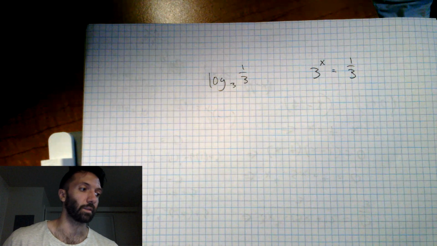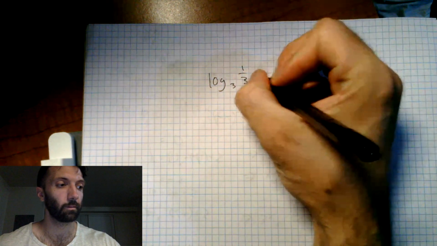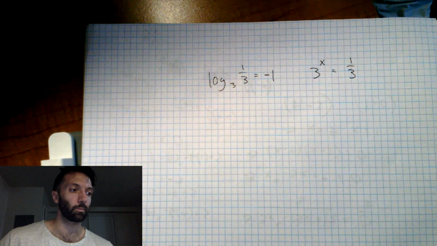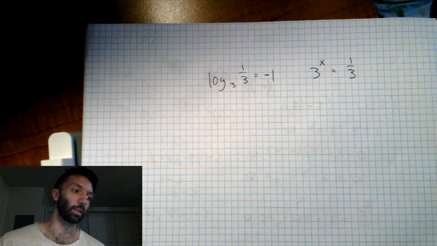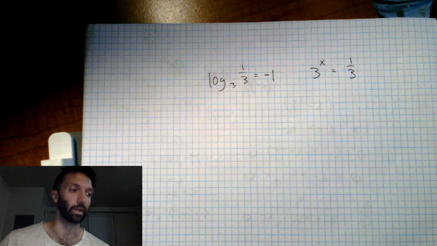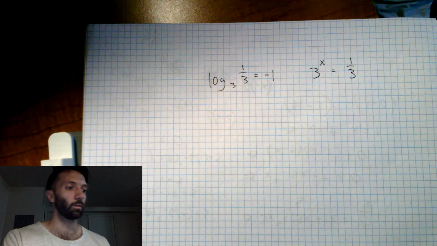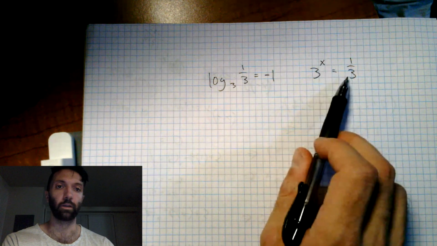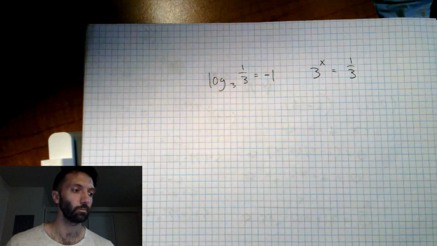The answer to that would be -1. So logs can be negative because exponents can be negative, because logs represent exponents. If an exponent can be negative, then a logarithm can be negative, because 3 raised to the negative first power would be 1/3.